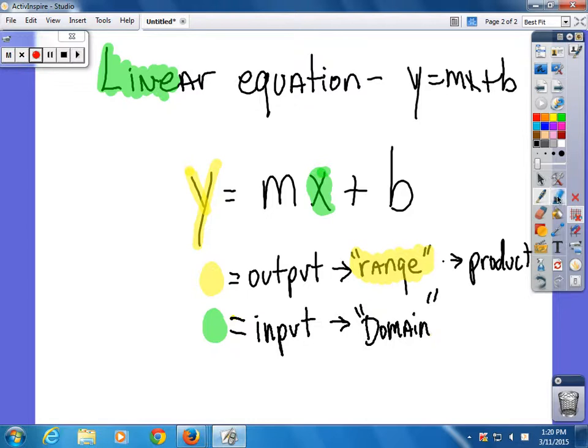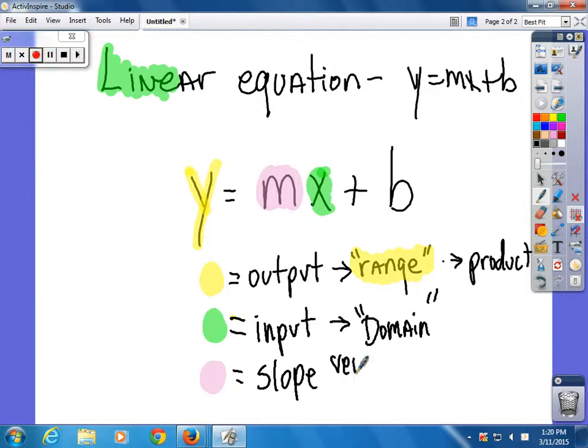Take our mauve color and highlight the M. M is equal to slope.